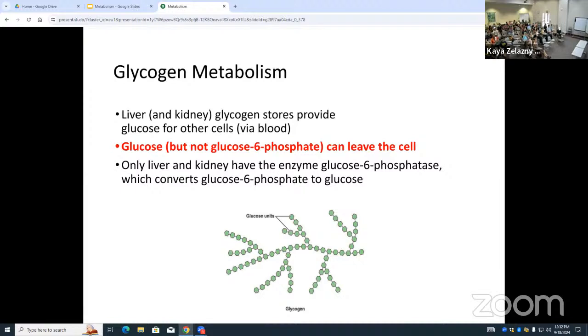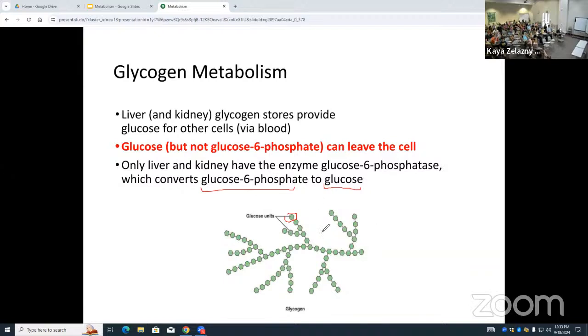As we break down glycogen, we pull out these little glucose units, and then we use the enzyme glucose 6-phosphatase to convert glucose plus a little connector bit, that's our glucose 6-phosphate, into just normal old glucose that can leave the cell and get into your bloodstream.